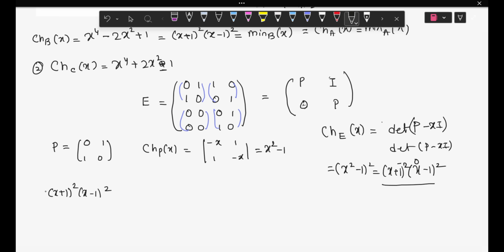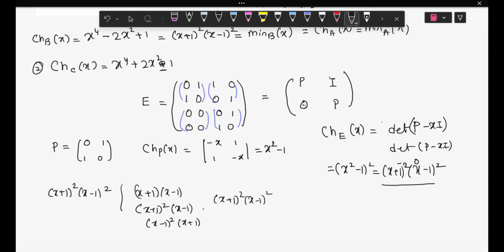The minimal polynomial will always divide the characteristic polynomial, and it has the same roots as the characteristic polynomial. So the possible minimal polynomials are (x plus 1)(x minus 1), (x plus 1) whole square (x minus 1), (x minus 1) whole square (x plus 1), and the last chance is (x plus 1) whole square (x minus 1) whole square. These are the possible minimal polynomials of the given matrix.